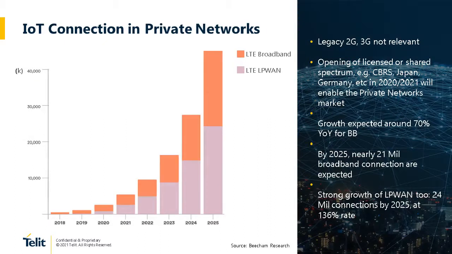Now let's have a view on the IoT connections in the private network space. Taking out the legacy 2G and 3G technologies, which are becoming not relevant for our study, the numbers are dominated by 4G in its different flavors.